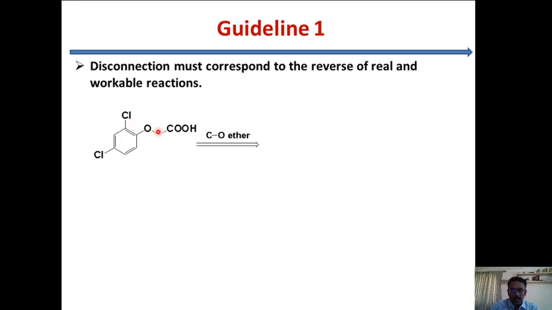These two are connected by a C-O ether bond. Suppose we are breaking the ether C-O bond. Then you will end up with two synthons, one anion and one cation, or you can say a nucleophile and an electrophile.